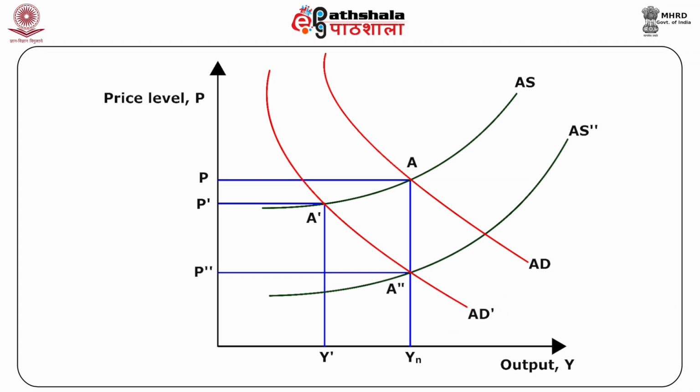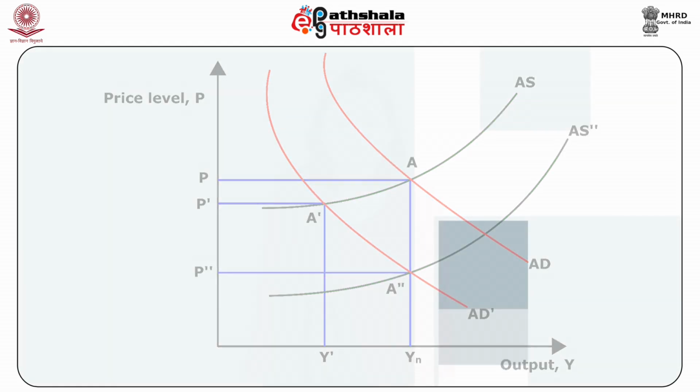The adjustment process continues till the output returns to the natural rate of output. The final equilibrium happens at the intersection of the AS curve, represented by AS double dash, and the AD dash curve at point A double dash, where the output is the same as Yn and the price level is at P double dash. Note that P double dash is lower than both P and P dash.